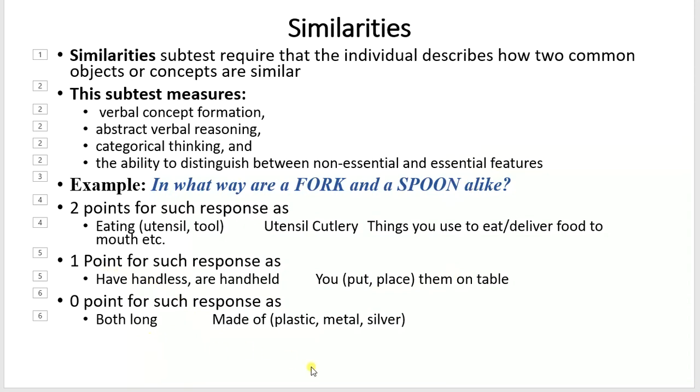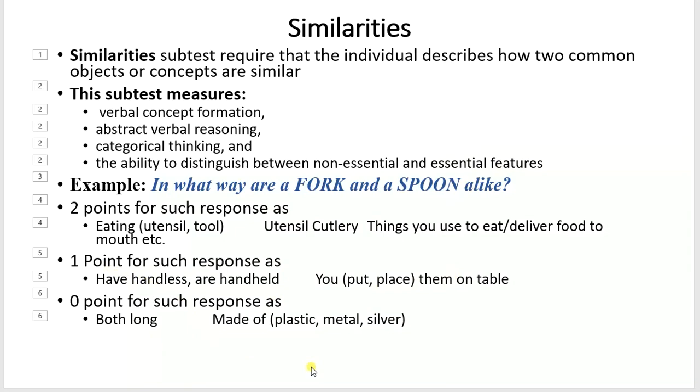Made of plastic, metal, silver: in another sense it is correct. If both are made of, say, steel, it is correct. But for this purpose, the similarities must be based on some abstract concept. What is the abstract concept underlying the two objects or two concepts that makes them similar? This is measured by similarities.